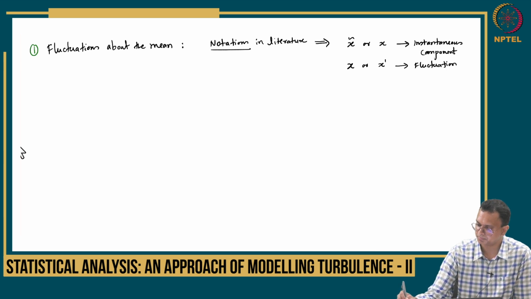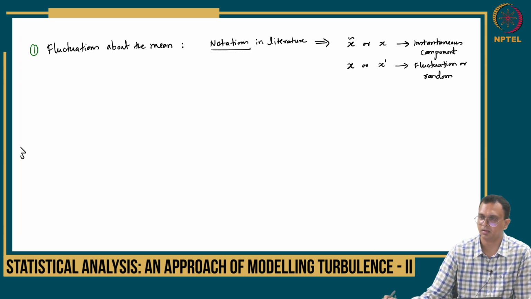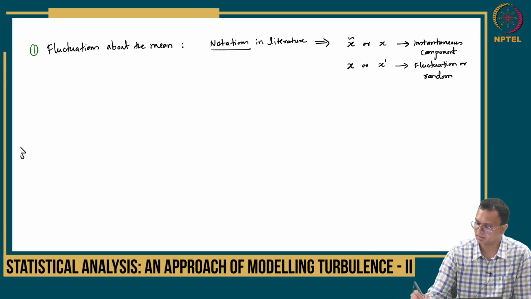This is used for fluctuation or randomness, the random component. And then we have capital X, let's say, or x bar. This is your mean, or the statistical component.